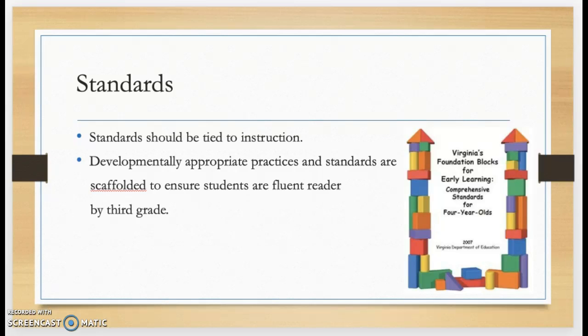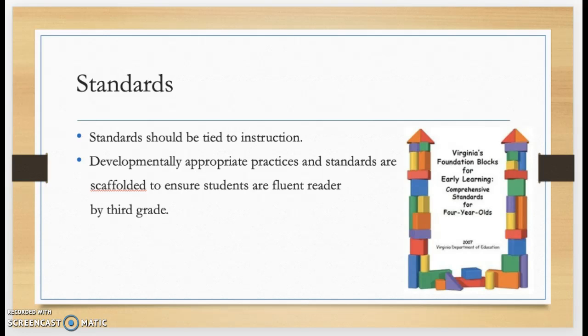Usually for 3s, we might be looking at Head Start standards. Our school divisions might have standards. We have the milestones of child development. But for 4-year-olds, we're really focused on the foundation blocks for early learning, and they are published by the Virginia Department of Education. They're linked on Blackboard.